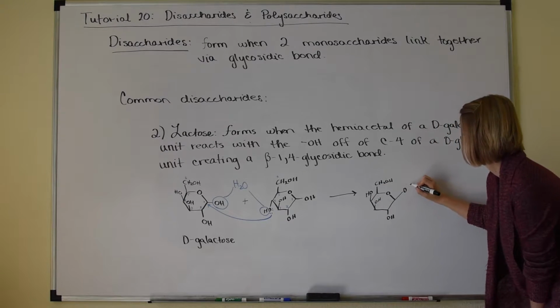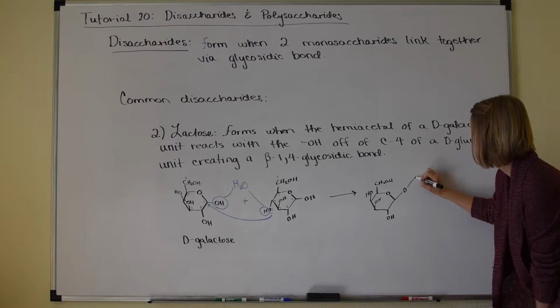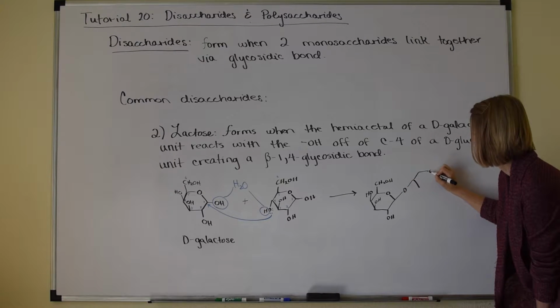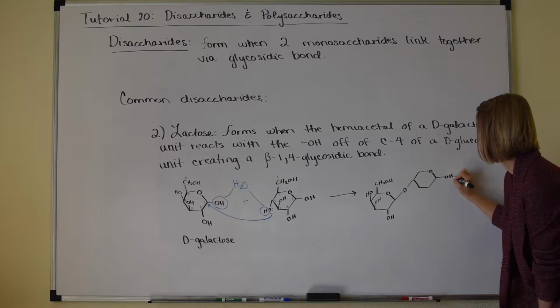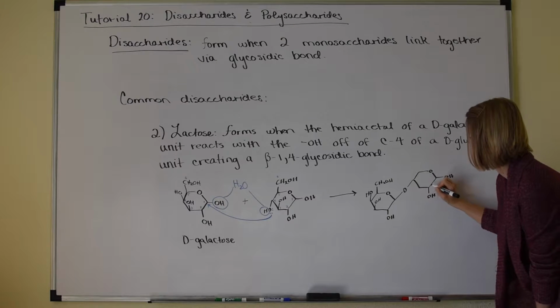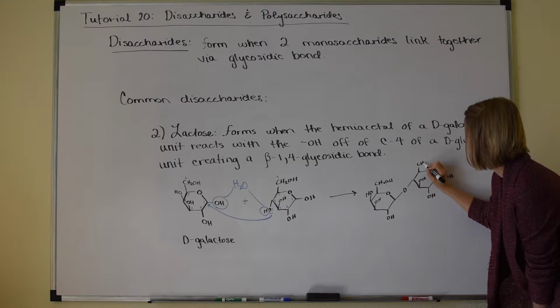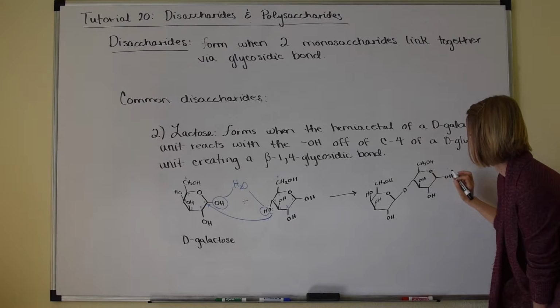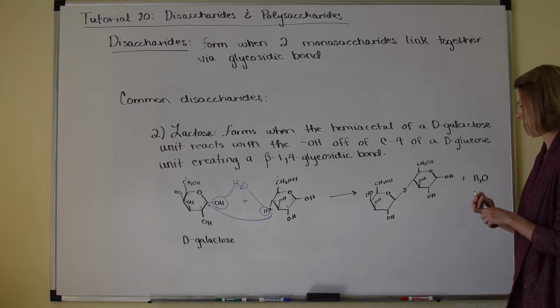Okay. Here's our new glycosidic bond. And this is the glucose unit, so down, up, and of course that one's down. We've got CH2OH plus H2O. Okay.